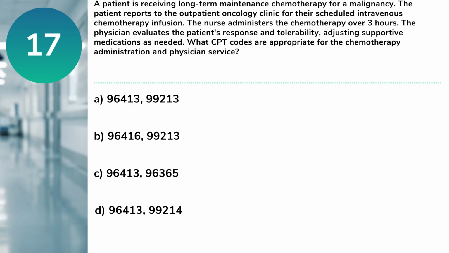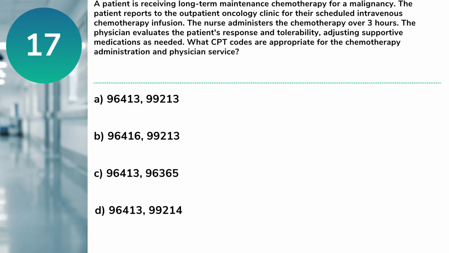The physician evaluates the patient's response and tolerability, adjusting supportive medications as needed. What CPT codes are appropriate for the chemotherapy administration and physician service? A. 96413, 99213. B. 96416, 99213.